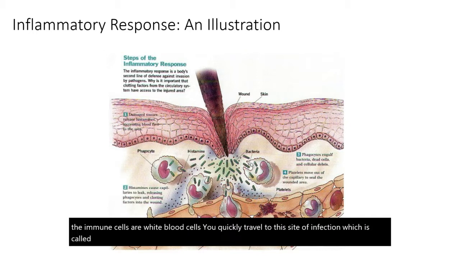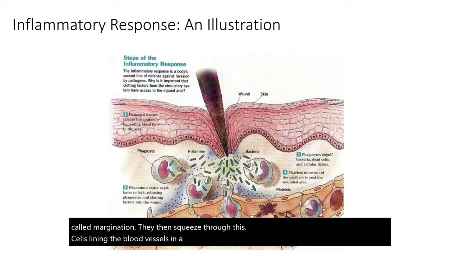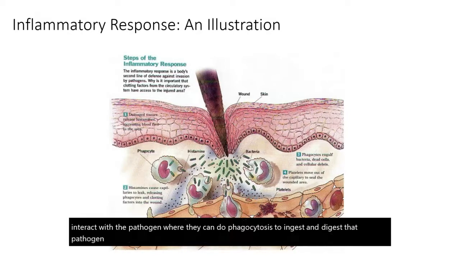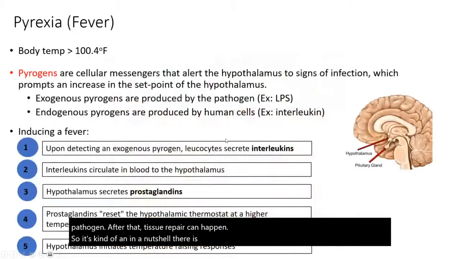They then squeeze through the cells lining the blood vessels in a process called diapedesis, which allows them to actually interact with the pathogen, where they can do phagocytosis to ingest and digest that pathogen. After that, tissue repair can happen. So in a nutshell, there is inflammation.